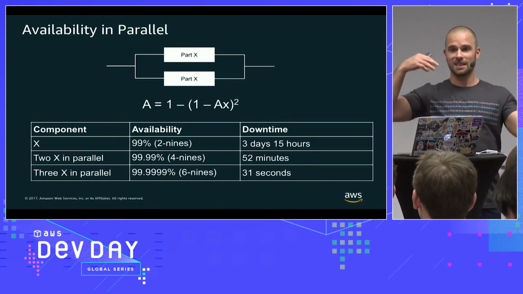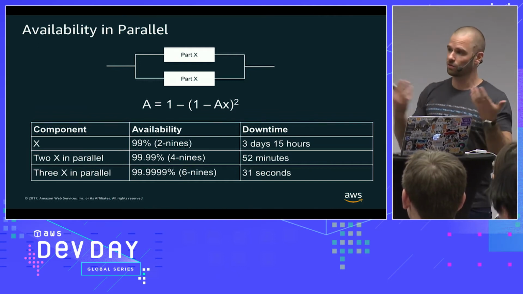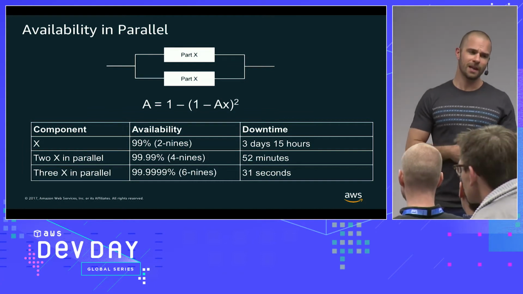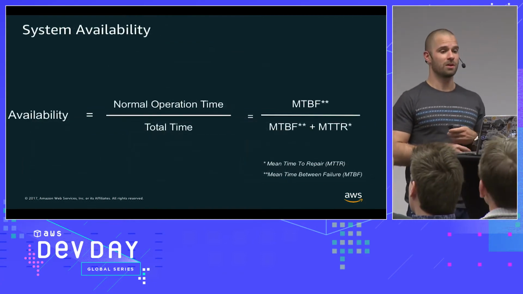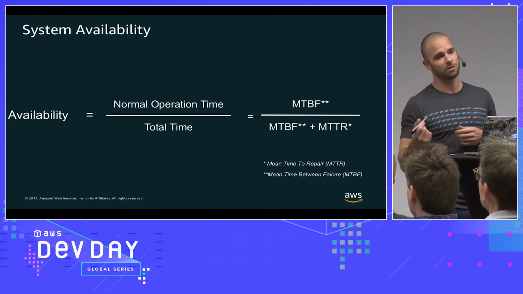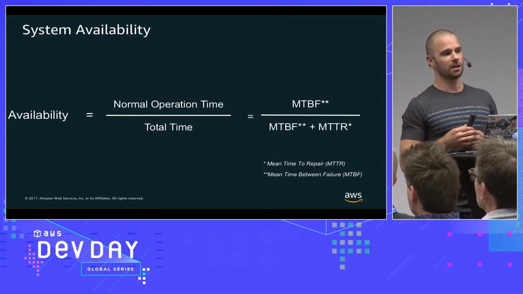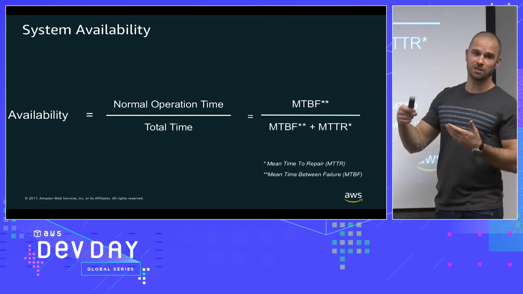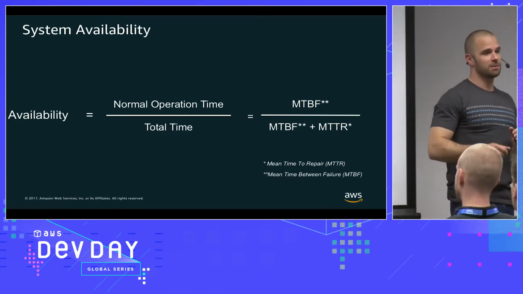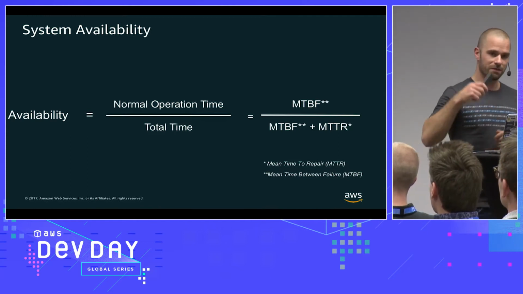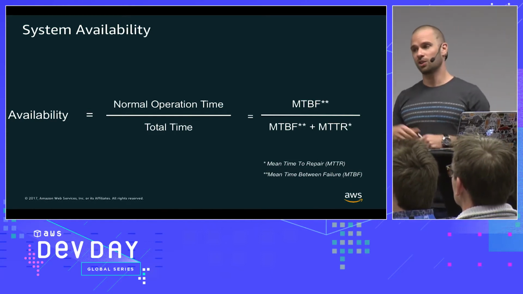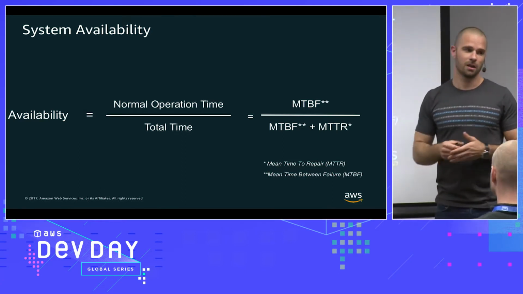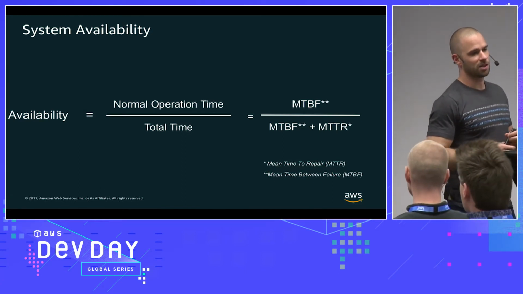Now, if you combine this with series and parallels, of course the overall system is affected, but this is important to have in mind. And it's very important also to understand it's not the only way to measure availability. You can measure availability by dividing the normal operation time, what we call the mean time between failures, over the total time, which is the mean time to failure plus the time to repair.